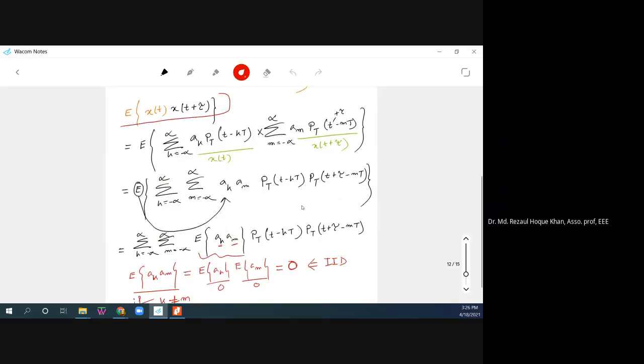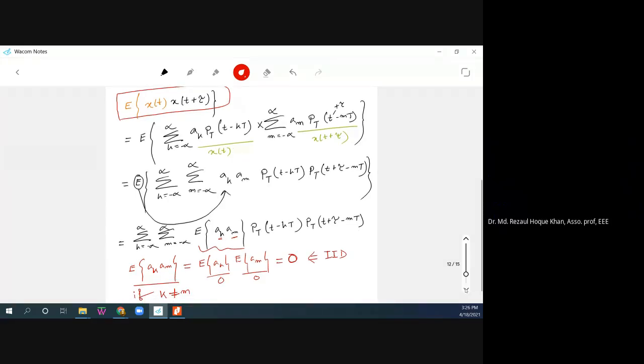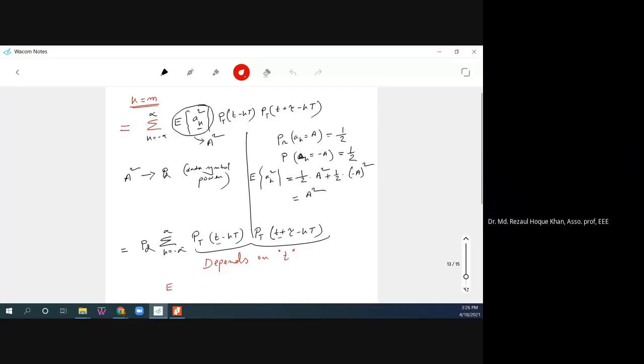This is our result, the expected value E[x(t) x(t plus tau)]. We are actually deriving this equation.